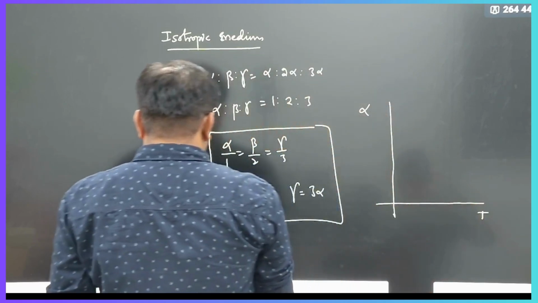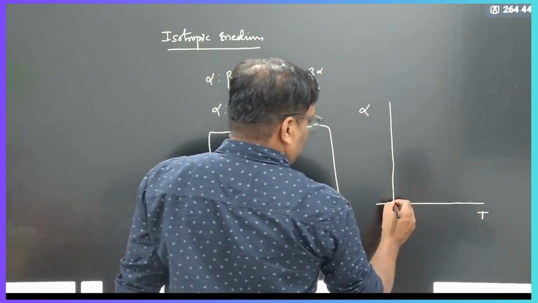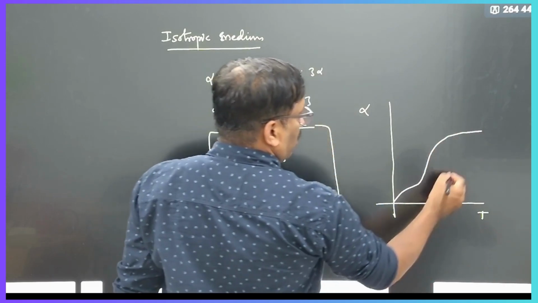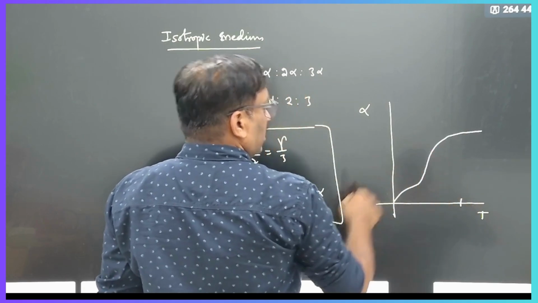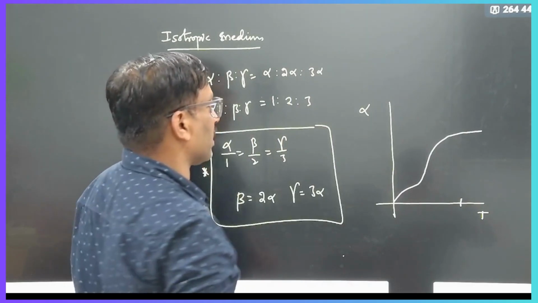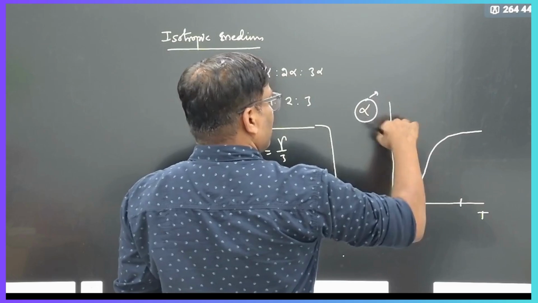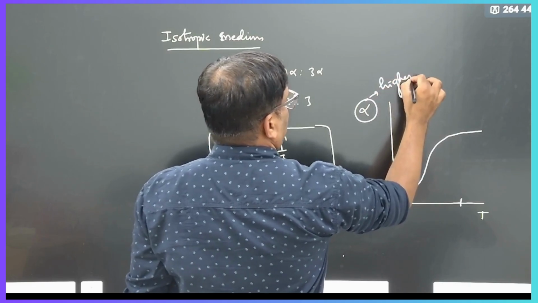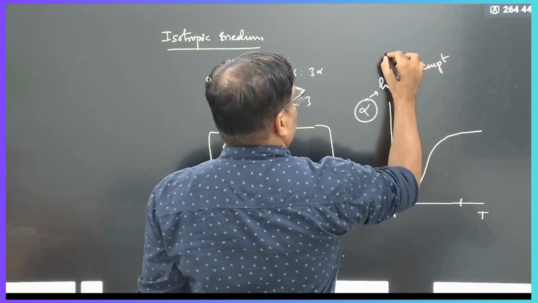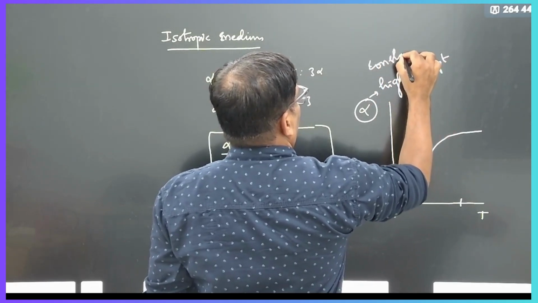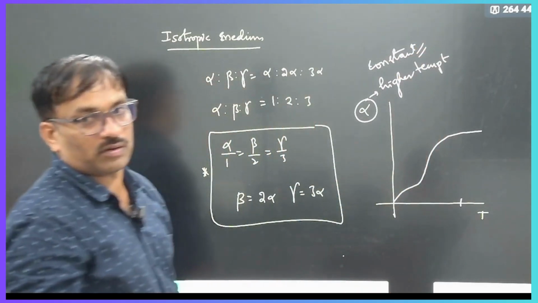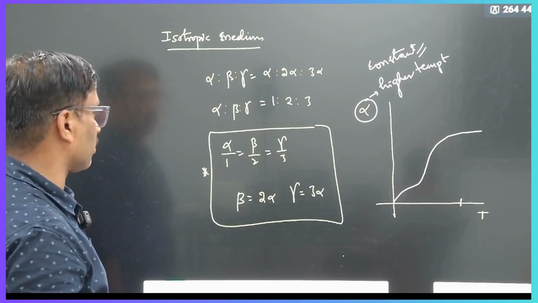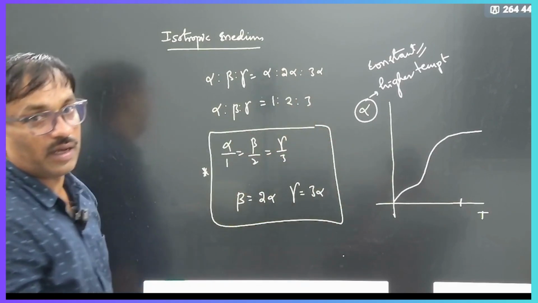At higher temperatures it remains constant, but at lower temperatures it has variable values, so we cannot take it as constant. Clear? In this way the alpha value changes. You need not always take it as constant; it can be taken constant only at higher temperatures.